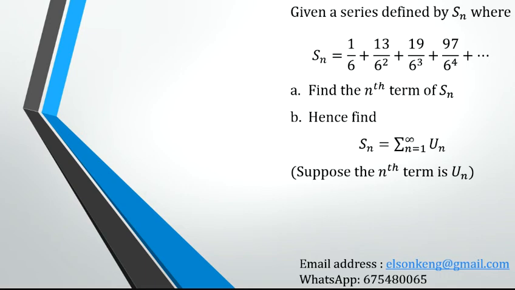So we start straight away with the solution of this question. The question says that Sn is equal to a certain infinite sum, and in the first part we are supposed to find the nth term of Sn, and that nth term is supposed to be un. Now, if you look at Sn, the denominator has no problem because it can be identified as 6 raised to the power n.